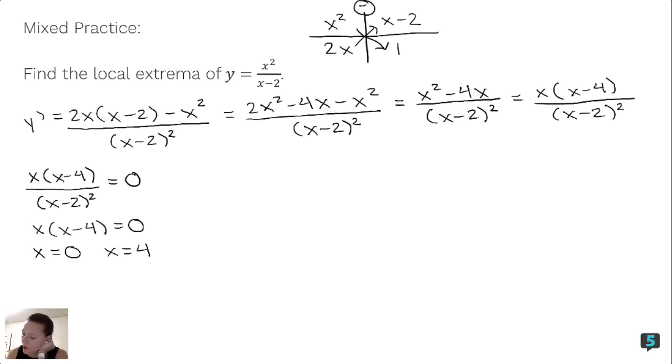So this came from f prime of x equaling 0. But I also have to find out when f prime of x does not exist. Where is my derivative not going to exist in this case? Great, when x equals 2. And we get that by setting the denominator equal to 0.